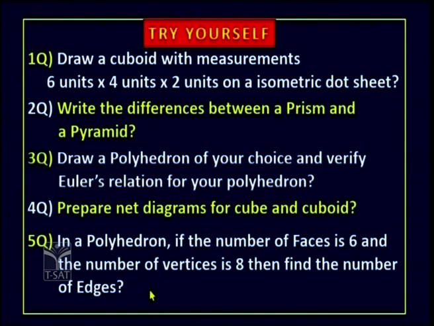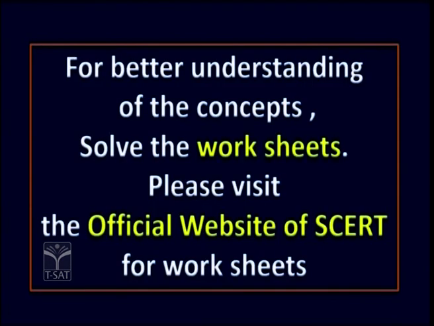In a polyhedron, if the number of faces is 6 and the number of vertices is 8, then find the number of edges. Children, try yourself to solve these problems and also try to solve some more problems from your textbook. For better understanding of the concepts, solve the worksheets. Please visit the official website of SCERT for worksheets.